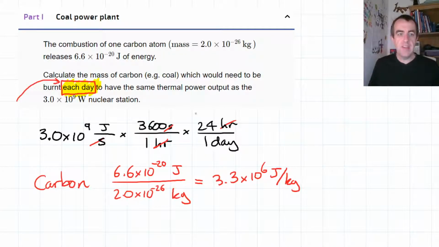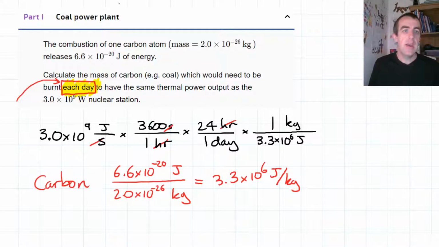So if we want the mass, we have to then divide this by the number that I've got written in red at the bottom, 3.3 times 10 to the 6 joules per kilogram. That way the joules cancel. The only unit we're left with is kilograms per day, which is what it wants. The mass of carbon burnt each day.